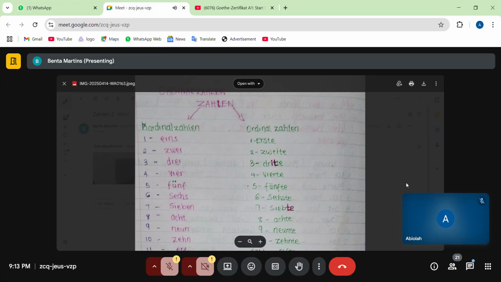Yes. Can you take us through from number 1 to number 5 on the Ordinalzahlen? 1, 2, 3, 4, 5. Good. So we have 1, 2, 3, 4, 5.